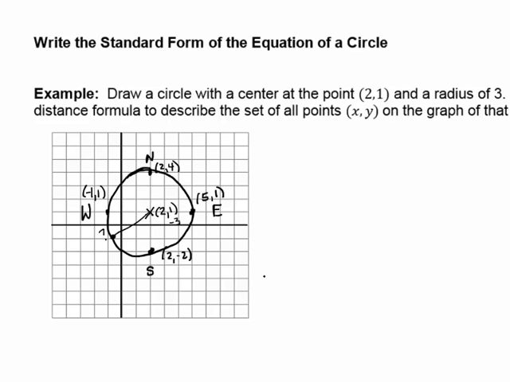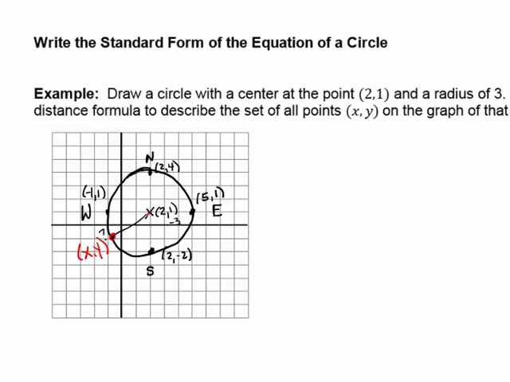So let's make some observations about any random point. Remember I said it's not so easy to know the coordinates of any random point on the circle. We can identify the ones that are north, south, east, and west, but the other ones are a little harder. So what can we say about a random point on the circle? Well, we know the distance between this point (x, y) and the center is what?